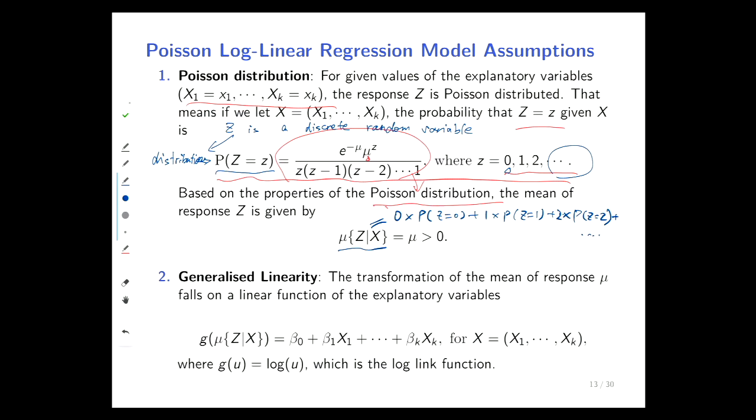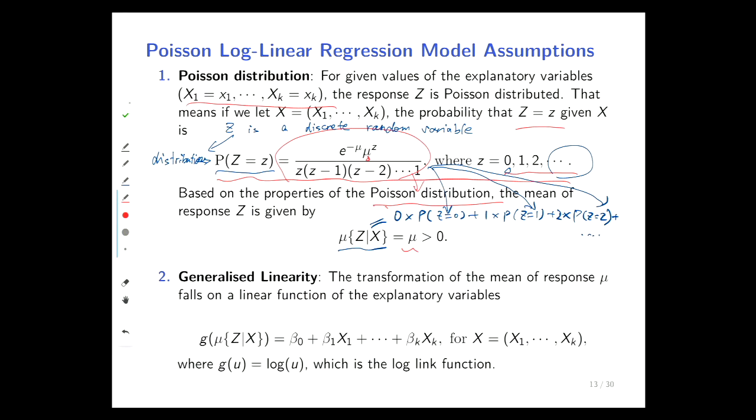You will find that computing in this way should be covered in your 7055 course or 1008 course. If you plug in the expression of the probability, based on some calculus, which is obviously not required in this course, you will obtain the conclusion that the mean of the response is exactly equal to mu.